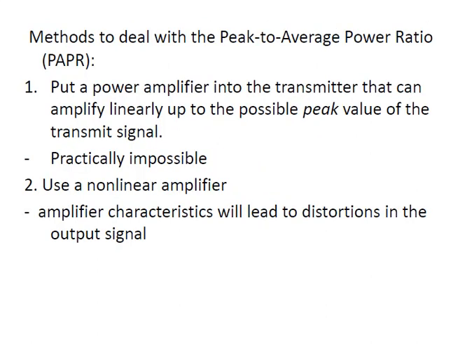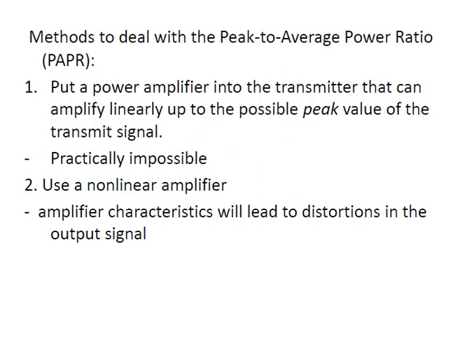Methods to deal with the peak to average power ratio. Put a power amplifier into the transmitter that can amplify linearly up to the possible peak value of the transmit signal. This is practically impossible.